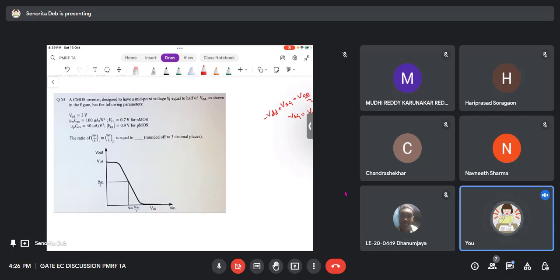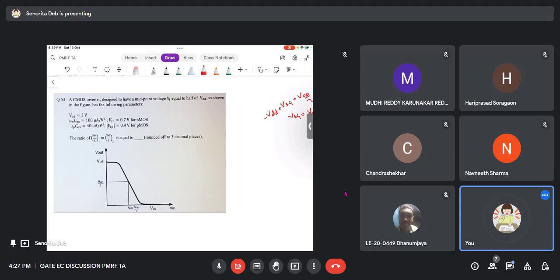I don't think you need to decide it in that way, because there is no biasing concept and all. It is just acting as a switch. So you are giving a gate voltage, the switch is on, it will pass the voltage. That's it. So there will be a drop of threshold value. That's the only concept.